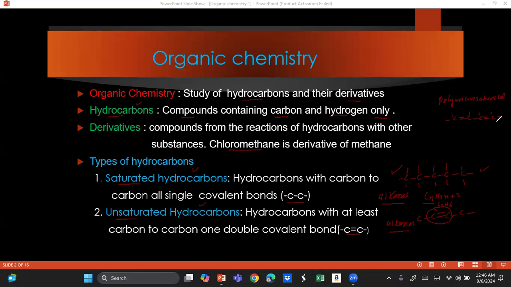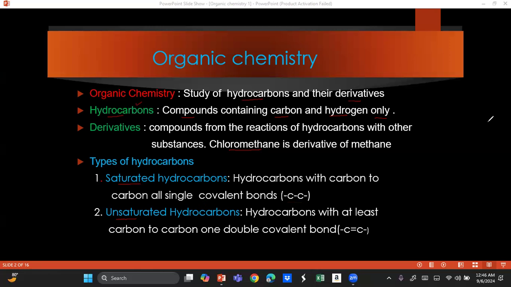Carbon valency should not be more than 4. This is unsaturated, but it has more than one double covalent bond. That is why it is called wholly unsaturated. Hope you understand. If you have any question up till now, please write in the comment box. I will be helping you to solve your problem and enhance your understanding.